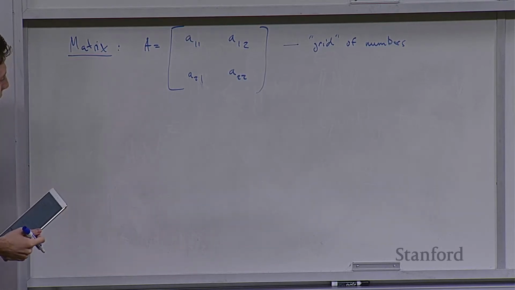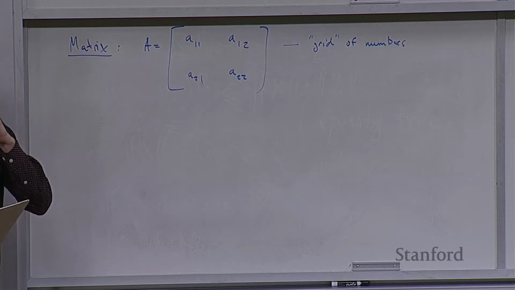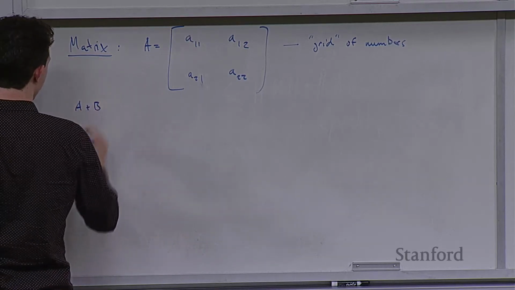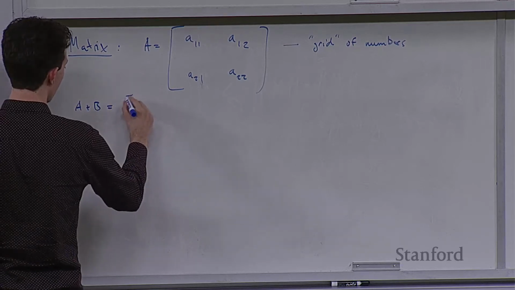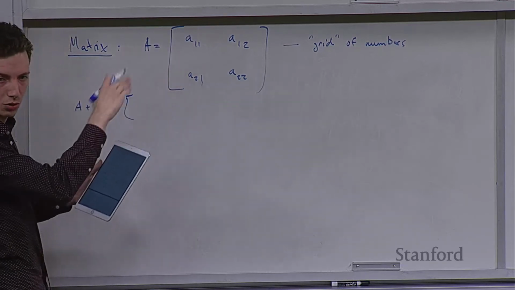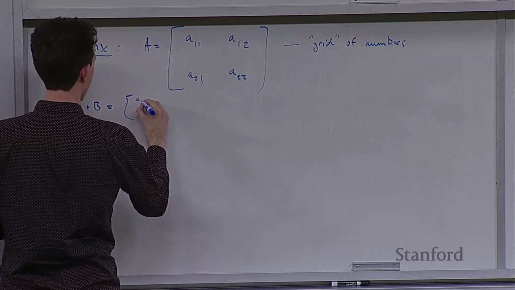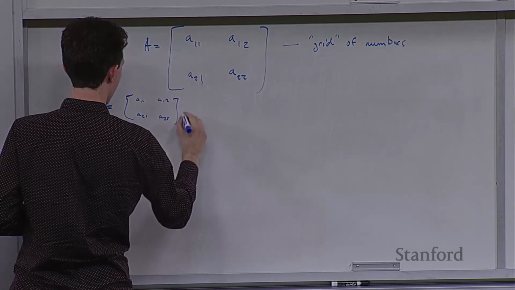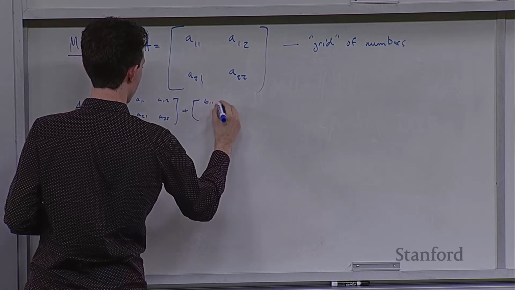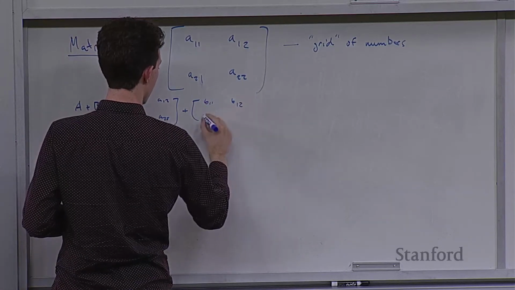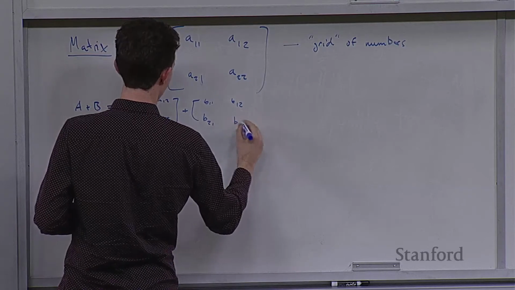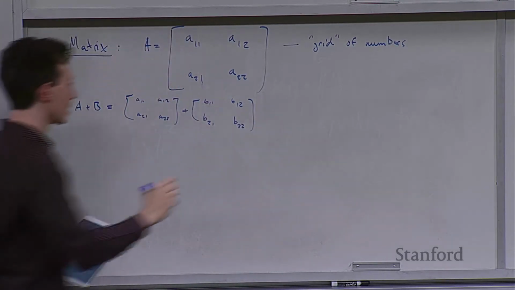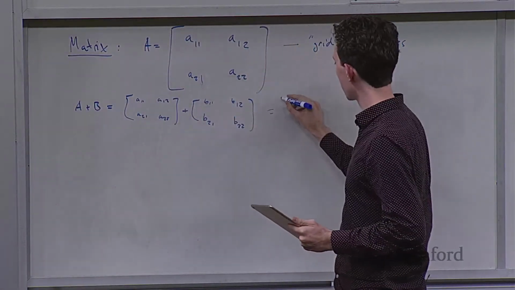Okay. Now the way that you add 2 matrices is super intuitive. If I have a matrix A plus a matrix B, I'm going to use this 2 by 2 size example to make the operation clear. I'm just going to add each of the components. Components meaning individual numbers in the same slot that they appear in either matrix.